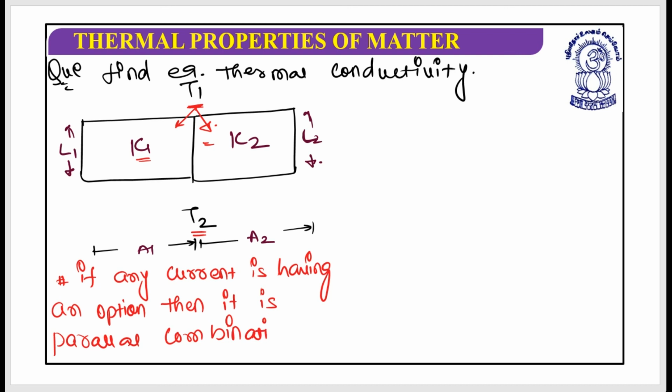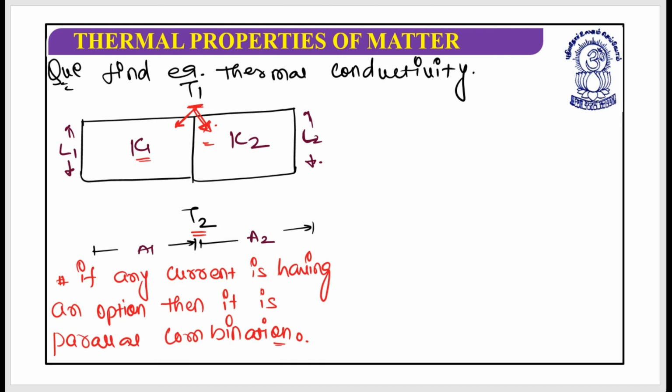I hope you got this. Forget about the name of the current, whether it is a heat current, an electric current or a fluid current. If any current has an option to flow either from this or from this, then they are in parallel combination.